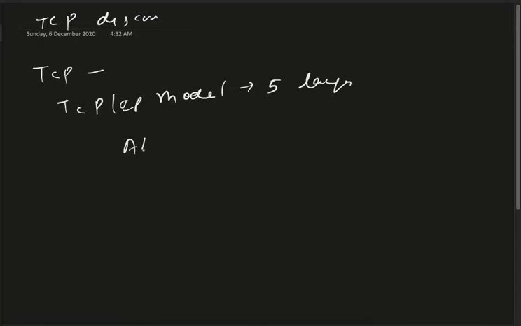This transport protocol has lots of things, like TCP. First is the TCP/IP model, which has 5 layers: application layer, transport layer, network layer, data link layer, and last the physical layer.